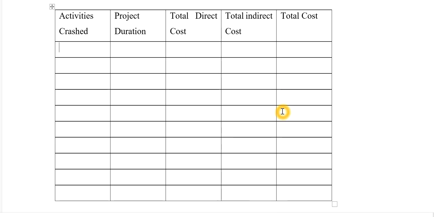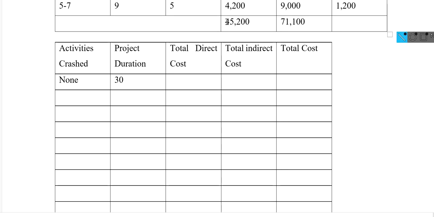So before moving to the next network, we have prepared a table where the headings I have mentioned are activities crashed, project duration, total direct cost, total indirect cost, and total cost. For the first network which we have created, we didn't crash any activity, so here we'll write none. The project duration in the first network was 30, the final one. Then the total direct cost would be the total of the normal cost, which is given in the question.